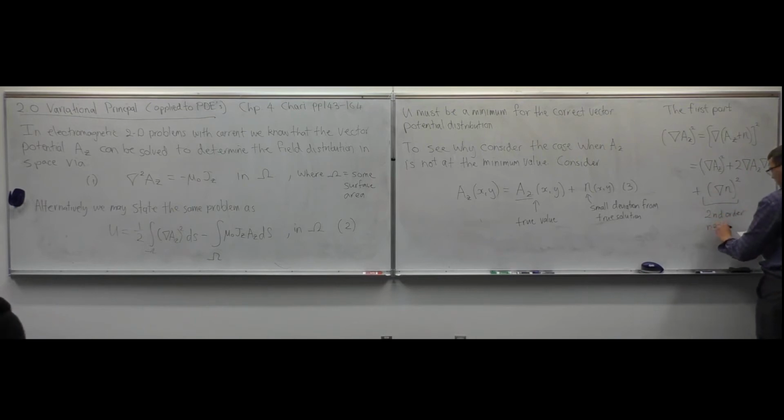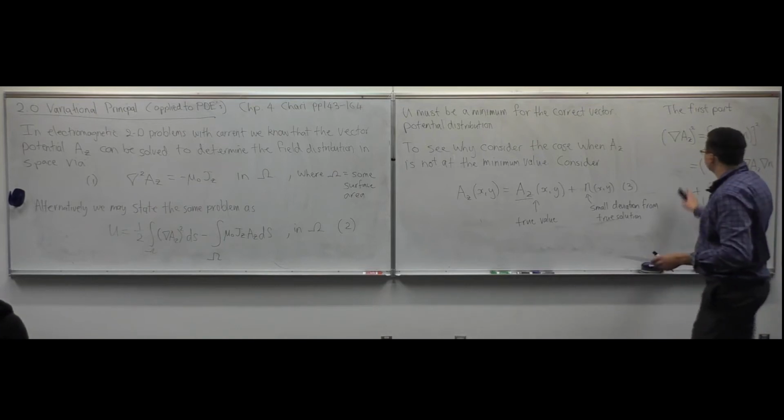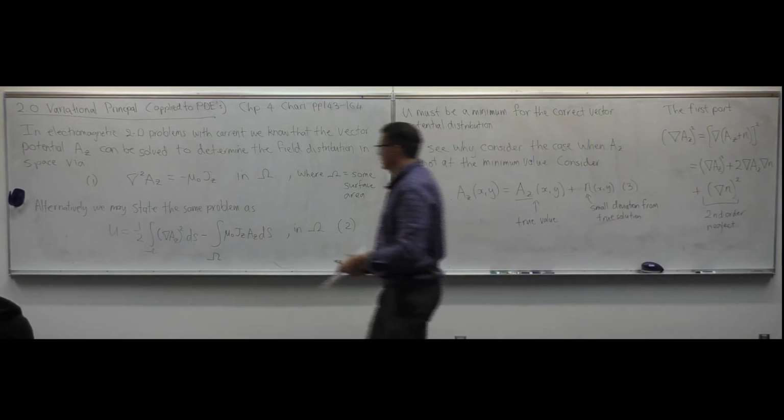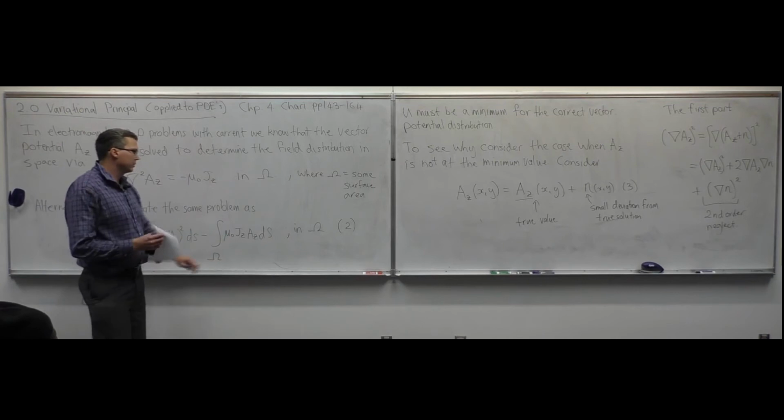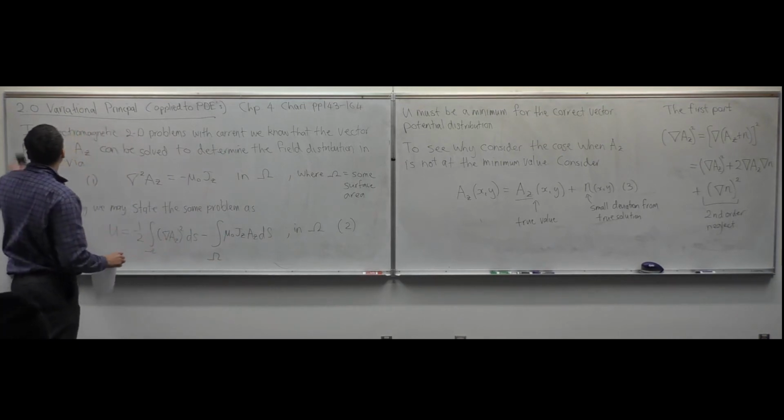And so the second term is the first order term because it's just got the del n, so we need to keep that in there. That's evaluating the first term in equation 2. And now let's evaluate the second term in equation 2.